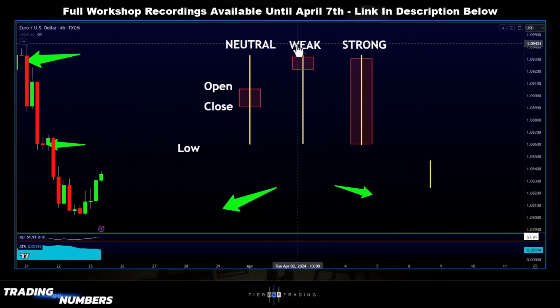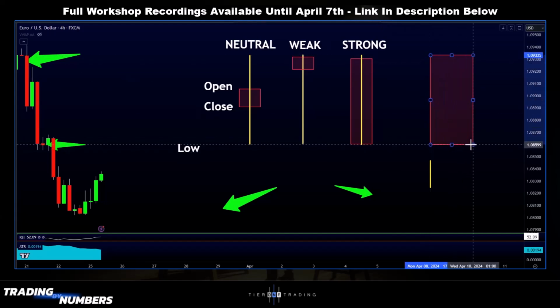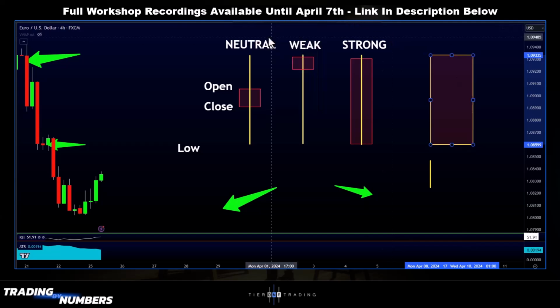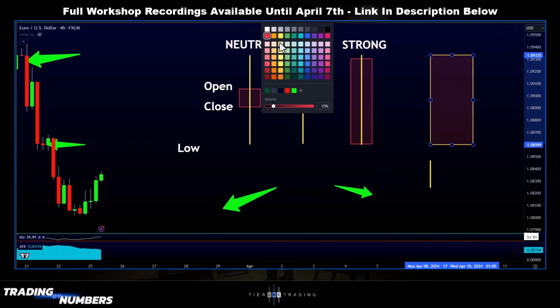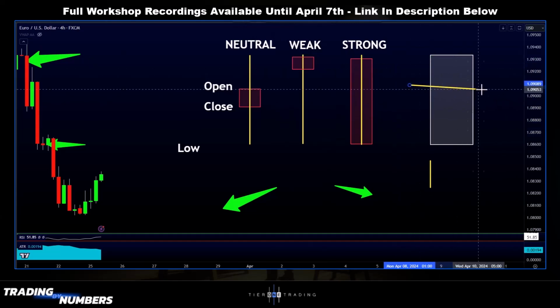And an easy way to make a rule for looking at these types of candles is to do this. So here's our candle. We'll make it a neutral color, so make it white. Divide it into thirds. I'll just draw lines, but divide it into thirds.